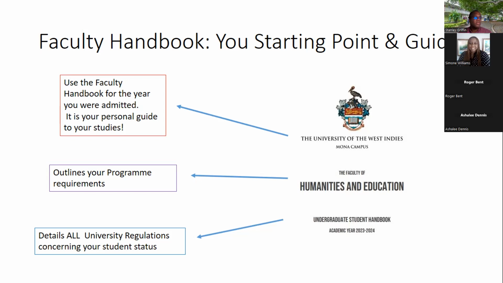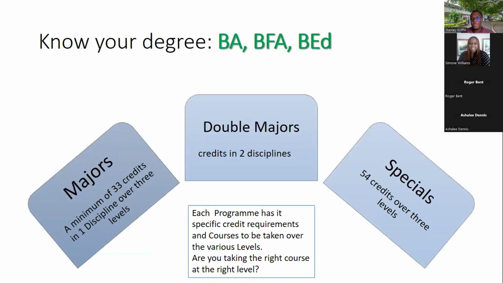And so things about leave of absence, things about medical leave, if you miss an exam or you fail an exam, what you're supposed to do, things about academic warning, or if you've been required to withdraw, if you want academic forgiveness, it's all in the handbook, folks. And so you need to make use of it. It is literally created every single year for you and with you in mind.